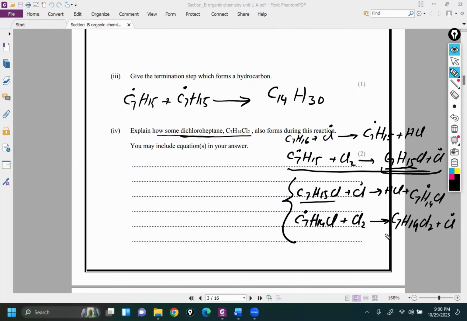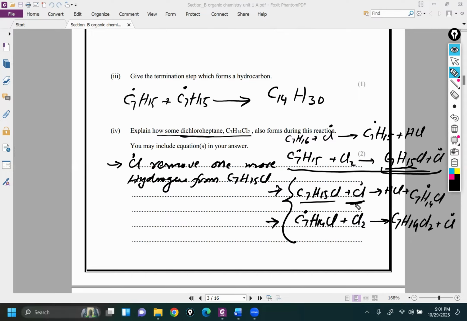But you write this equation and this equation for 2 marks, and you can write also in words. So in words, how will you write this? Chlorine free radical will remove one more hydrogen from C7H15Cl like this. Definitely a free radical will form.